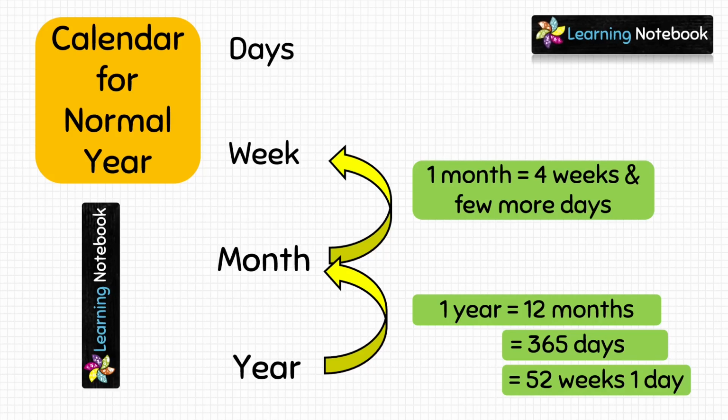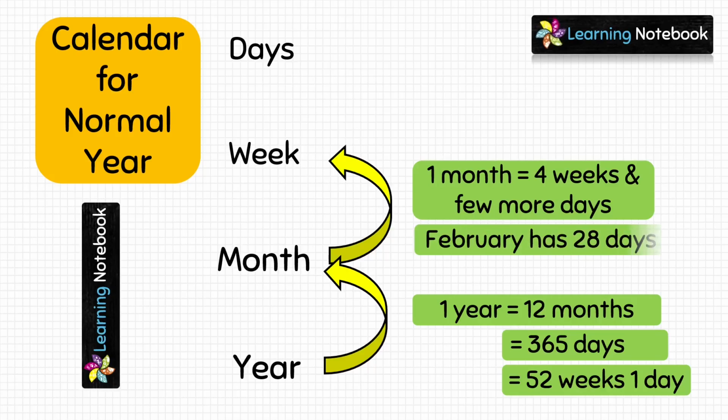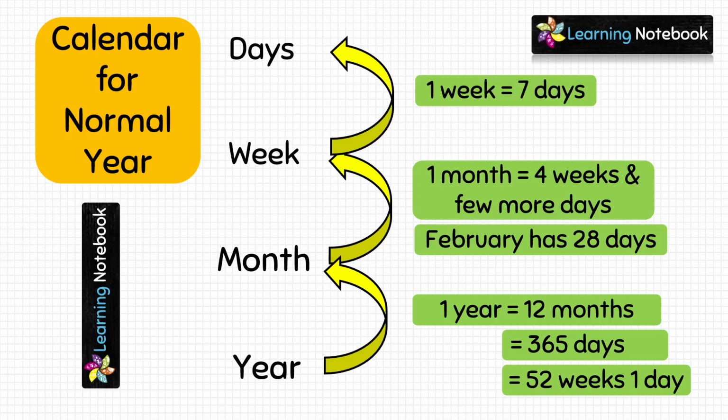And also note that in a normal year, February has 28 days. Next, 1 week equals 7 days. So these are the relationships between days, weeks, months, and year.